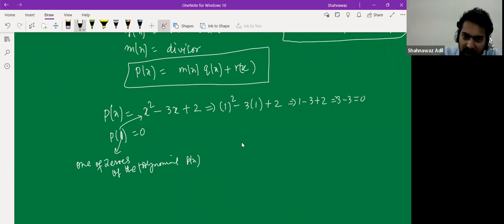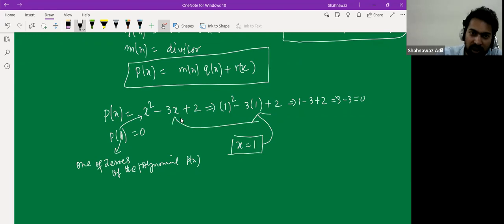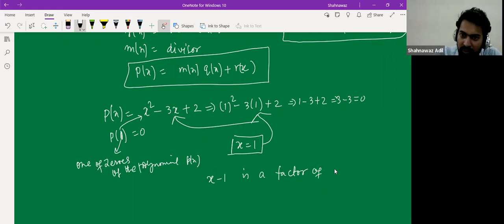If x equals 1 is a solution, one of the zeros of this polynomial, then x minus 1 is a factor of the polynomial P(x).